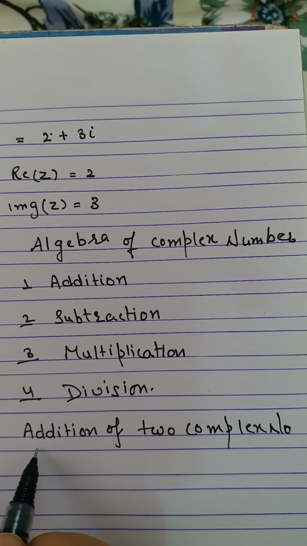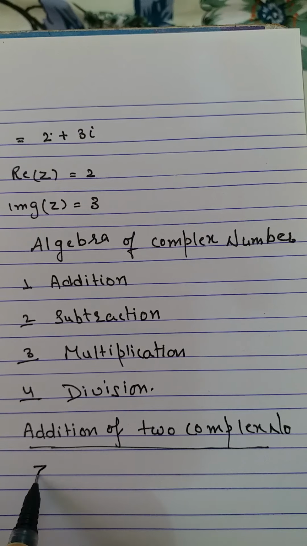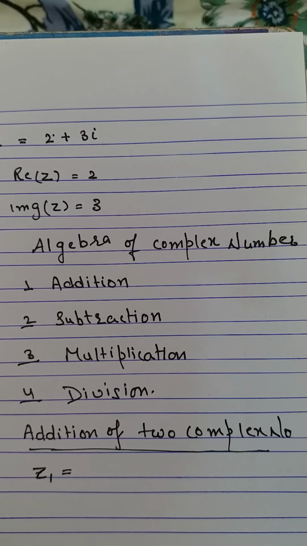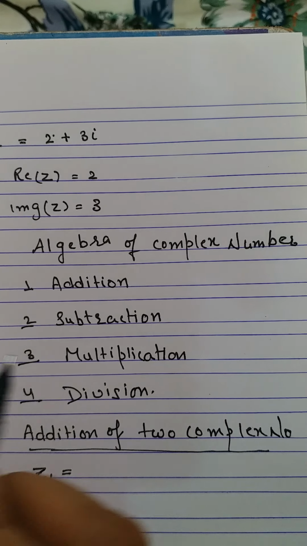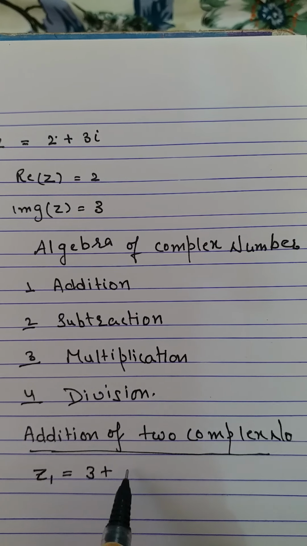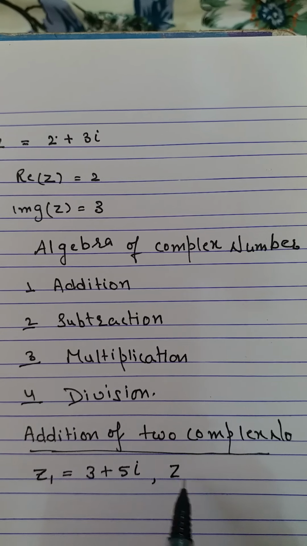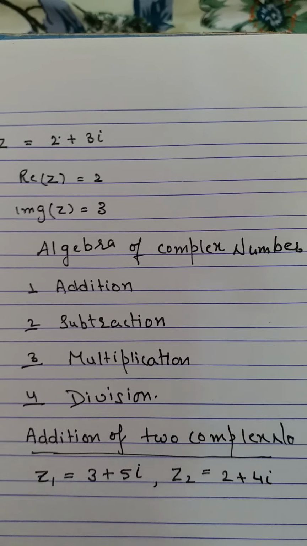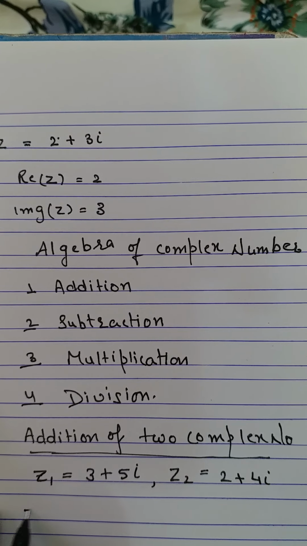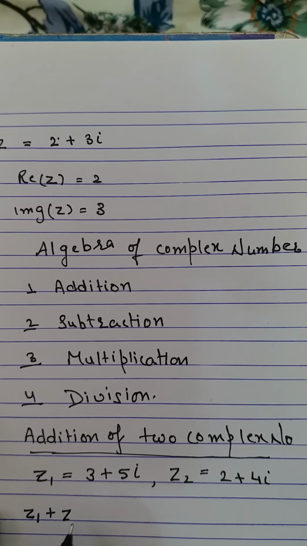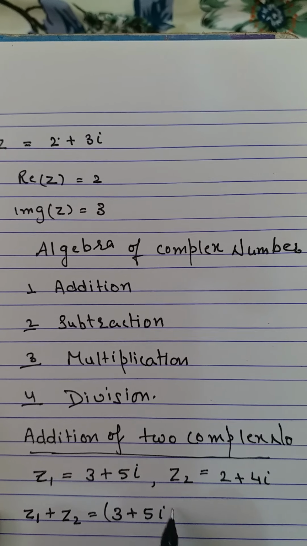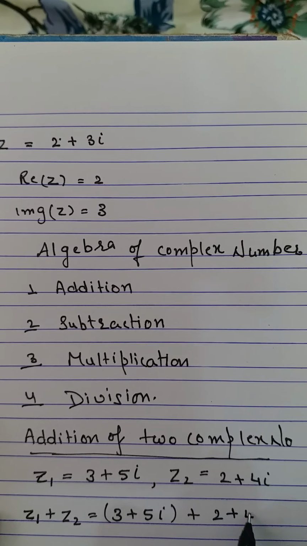First of all, we will discuss about the addition of two complex numbers. Let us take two complex numbers, z1 is equal to whatever you want to take. Suppose that is 3 plus 5 iota, and z2 is equal to 2 plus 4 iota. Now for addition we will write z1 plus z2, that is 3 plus 5 iota plus 2 plus 4 iota.